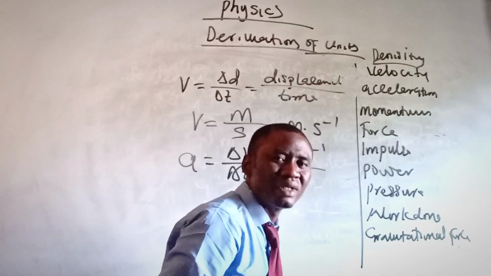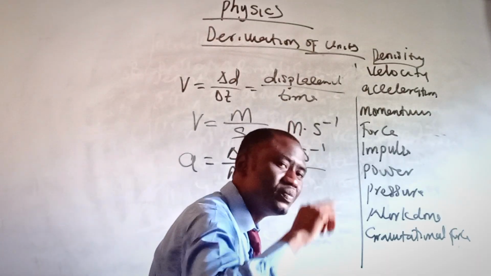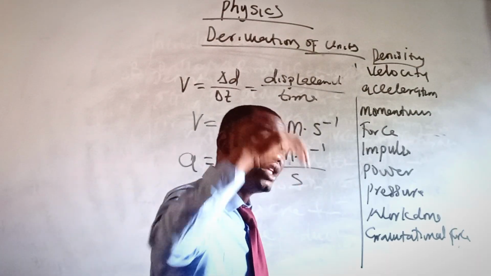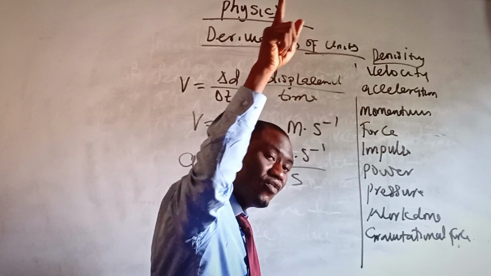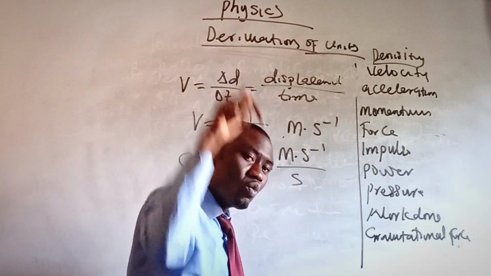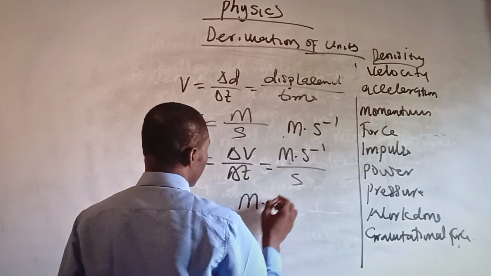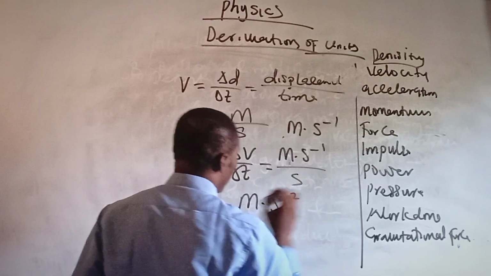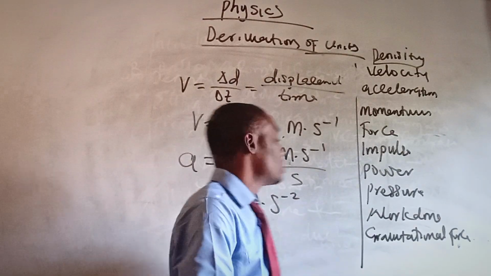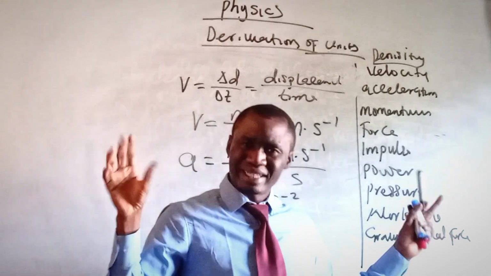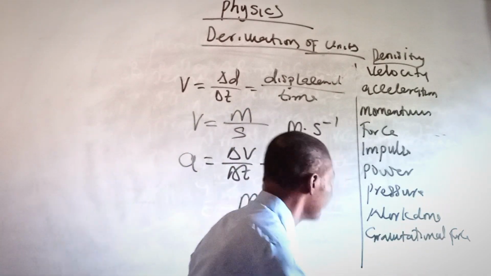By the law of division in indices, you subtract the index of the denominator from that of the numerator. So we get minus 1 minus 1, which is minus 2. This is the unit for acceleration.